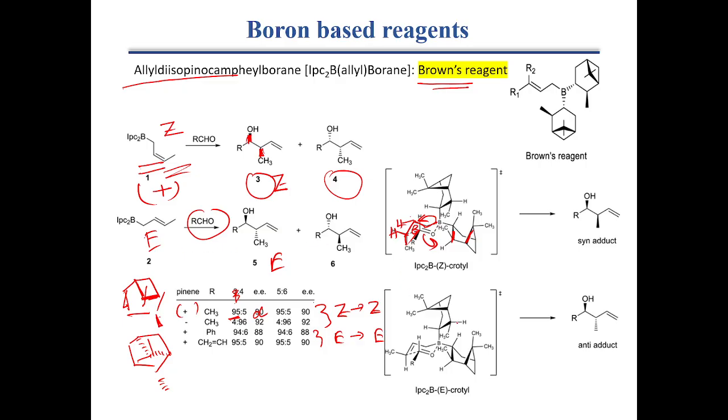In case of E, this hydrogen and this hydrogen are trans. In this case also, if we use E, we will get the anti product as the major product.